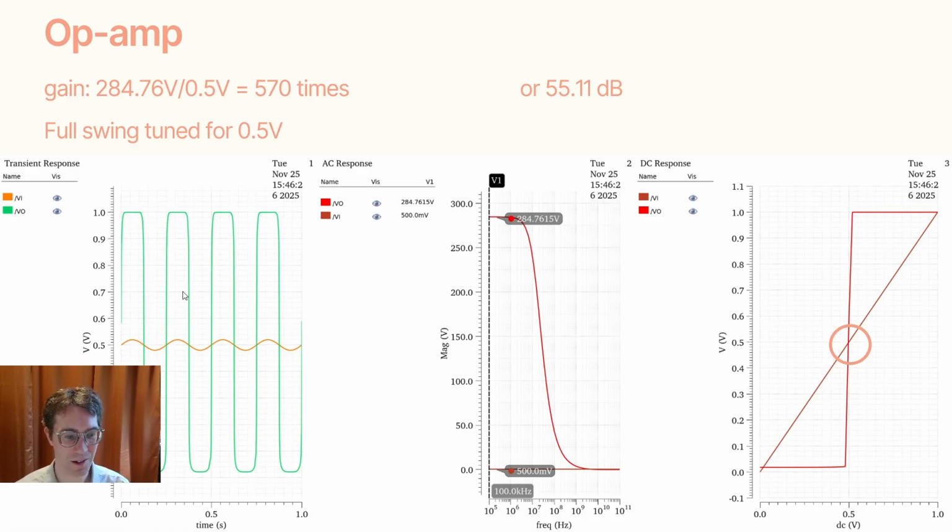It was a 65 nanometer TSMC process, so with 500 times gain, you very quickly run out of bus voltage, so you hit saturation very quickly, which allowed us to use the op-amp as a comparator. And you can see on the far right that it is centered at 0.5.